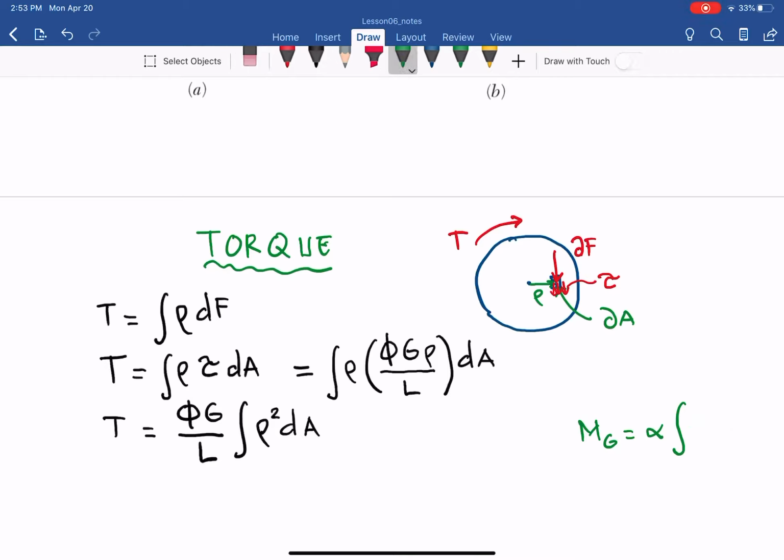If you have r squared dm here, do you recall what we call this?